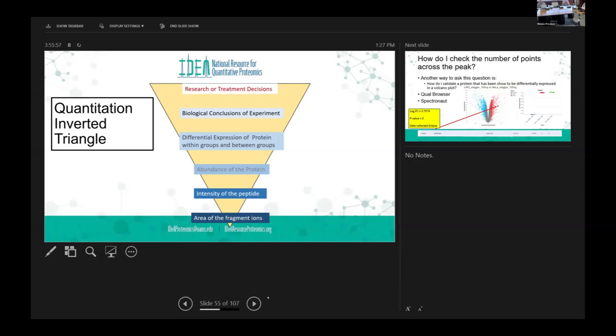Because that really is what we're using to calculate the intensity of the peptides, which is then used to figure out the abundance of the proteins, which is then used in the differential expression within the groups and between the groups, which is then used by somebody to do biological conclusions for the experiment of what real reality is. And then that is actually directing research and treatment. And so it's a lot. I mean, it's very, very important that we get this right.